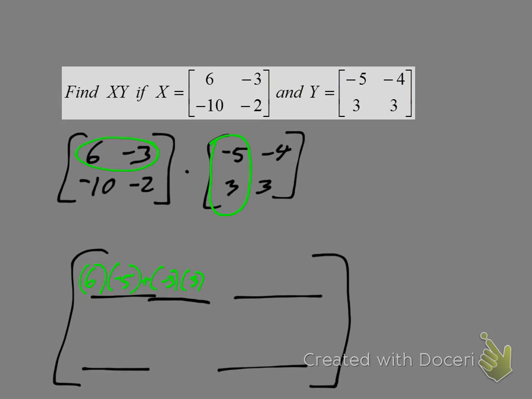Good so far? Okay. Now we made this one, so let's go make this one. To make this one, same row, next column. Same thing. Same row, next column. The first one times the first one, so 6 times negative 4. Plus negative 3 times 3.